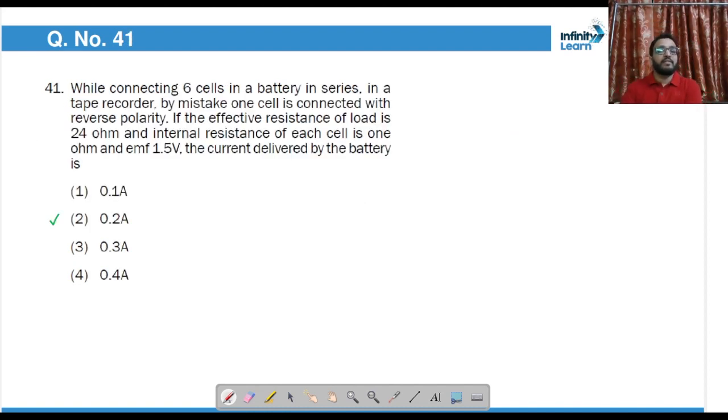Question number 41. While connecting 6 cells in a battery in series, see whenever you're connecting, suppose n cells are connected, right?